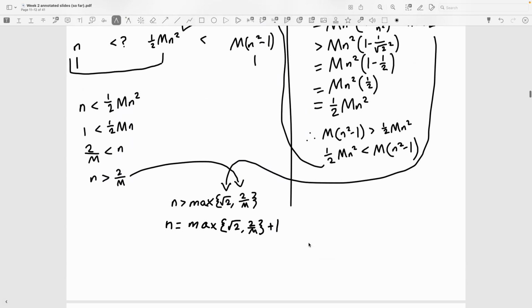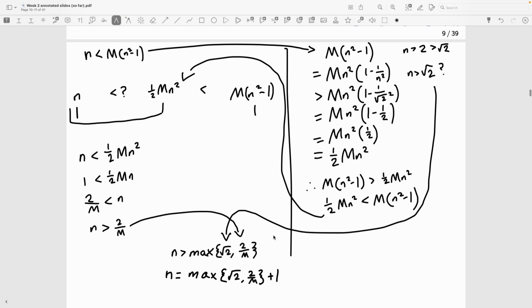And what I mean by conditions are that, in this case, n had to be greater than 2 over n, and n had to be greater than root 2. Those are what I meant by conditions. And then we get a number that's greater than both of them by saying that it has to be greater than the maximum of the two.